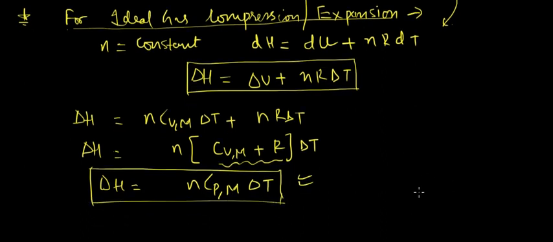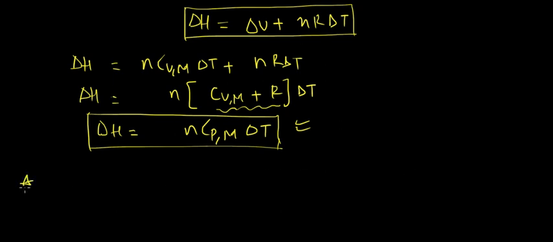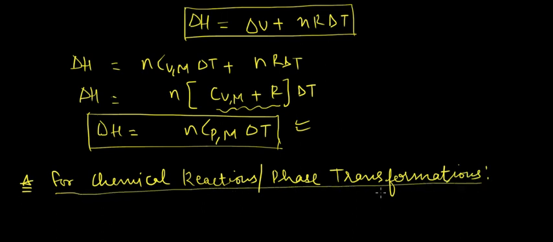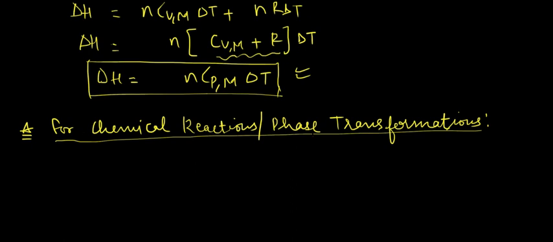Okay, now let's see what happens in the case of chemical reactions or phase transformations. We can have, let's say, constant temperature.